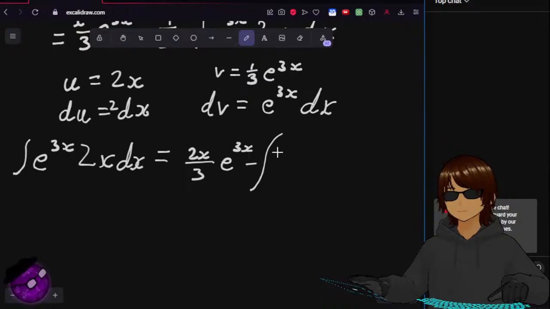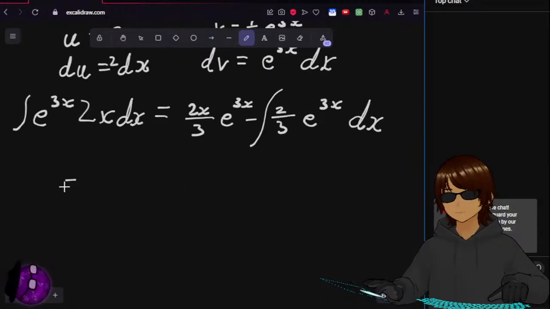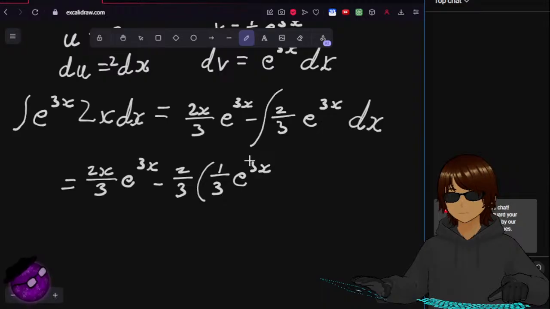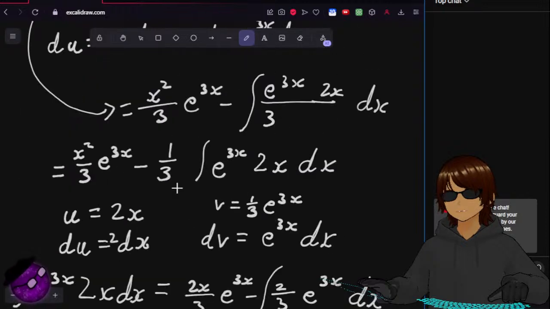Then v times du. So derivating this gives us e and plus c. And is this the correct answer? So I got x squared over 3 e to the power of 3x.